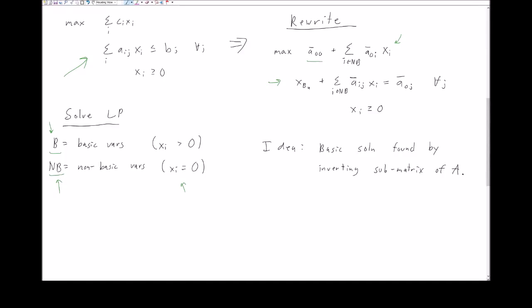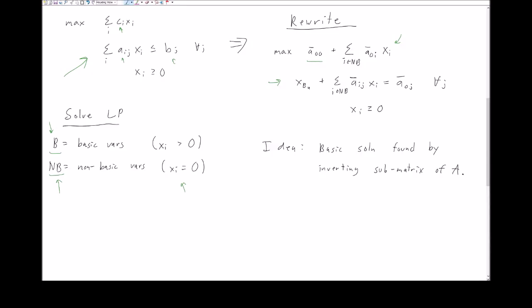What we should notice about this rewritten linear program is the following things. First, all of the constants introduced here are new constants that are derived from our original constants. Our original constants are the c's, the a's, and the b's. Our new constants are all written as a hats. A hats are derived from the c's, the a's, and the b's.